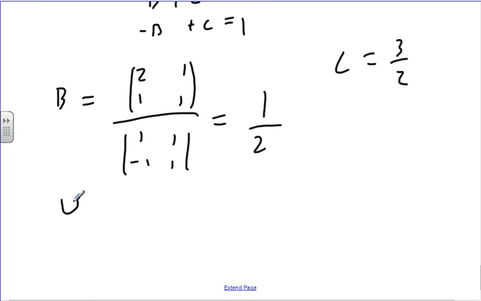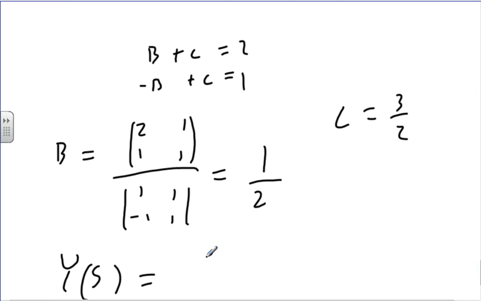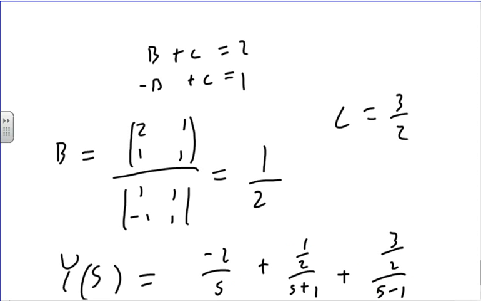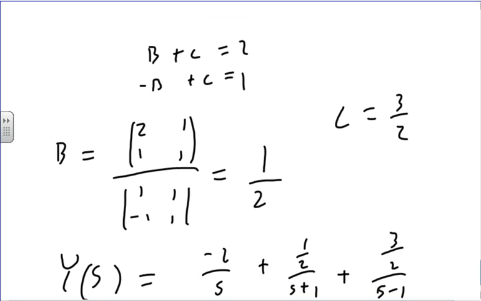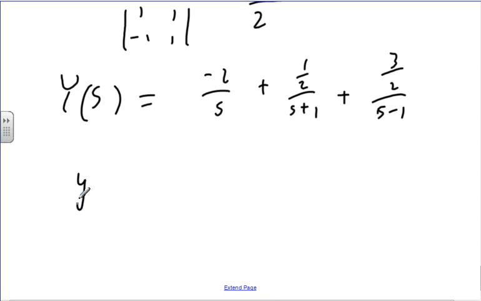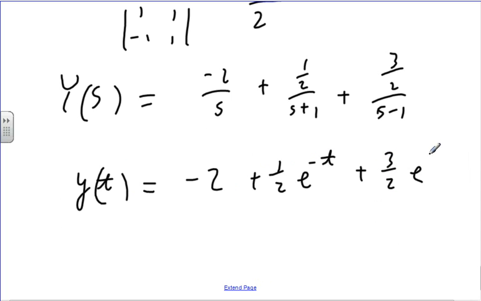And y of s is equal to minus 2 over s plus 1/2 over s plus 1 plus 3/2 over s minus 1. That's correct. Okay. And y of t is going to be minus 2 plus 1/2 e to the minus t plus 3/2 e to the t.